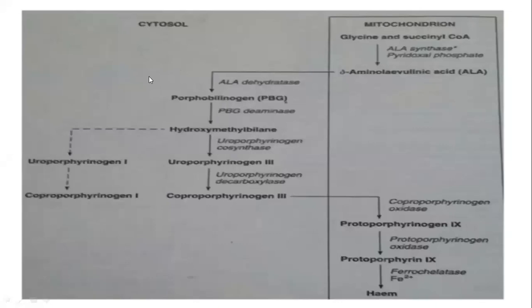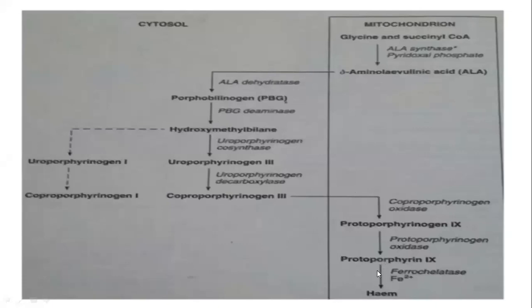So these other stages that are outside the mitochondrium are cytosolic. These are outside the mitochondrium within the cytosol. So when you have ALA going through various conversions until you have coproporphyrinogen 3, that is then taken back into the mitochondrium, all right, for it to be bound to iron and subsequently lead to heme formation.